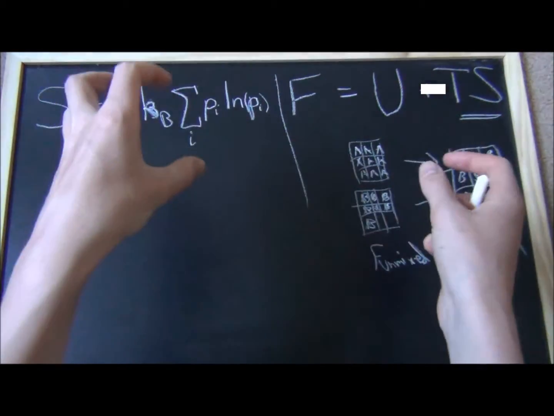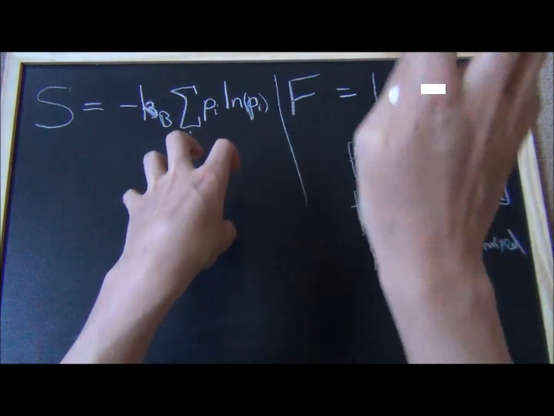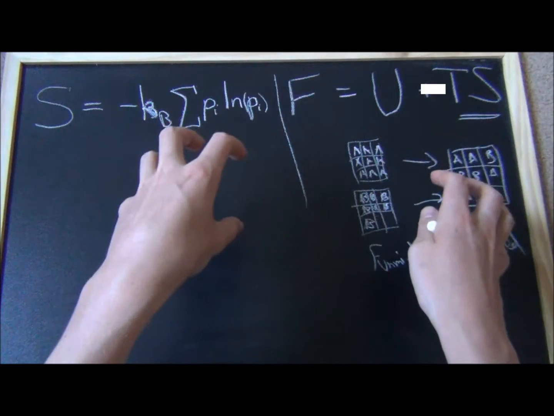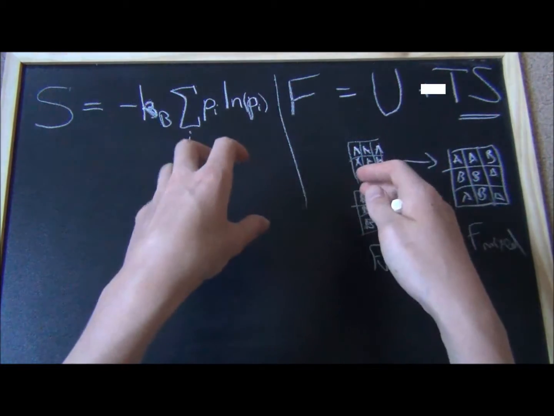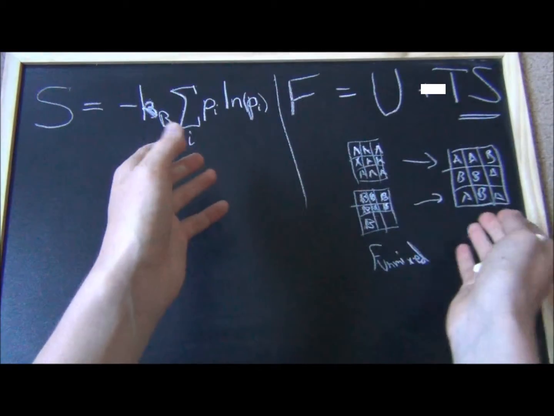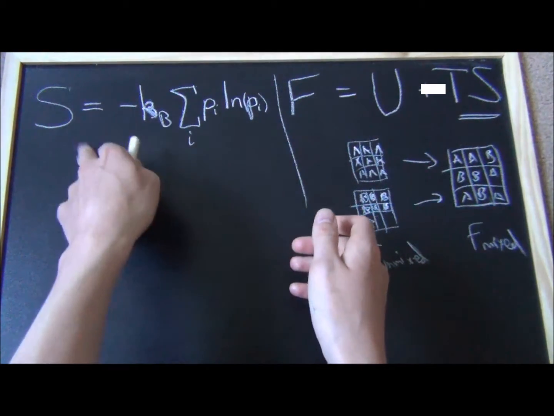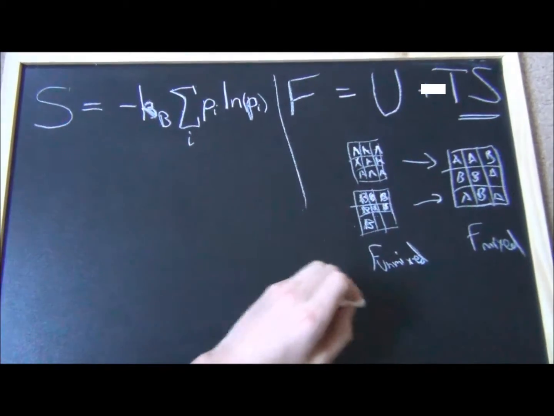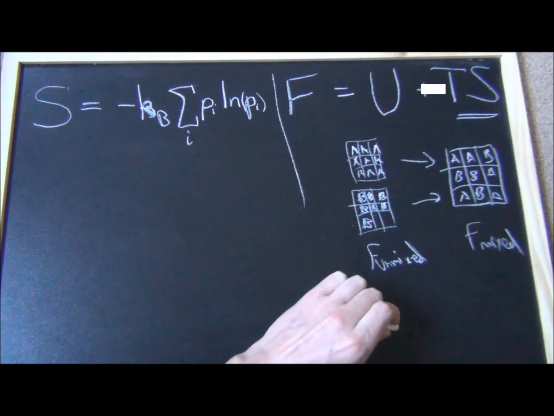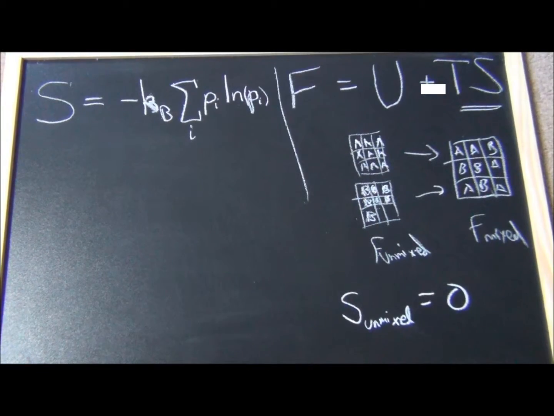So when they're separate, when we've got blues here and reds here, and we know that's the case, they're not mixed in any way, then that's only one possible microstate. We actually have no missing information. We know everything there is to know about the system. So our entropy for the unmixed case is 0. So the unmixed case is really easy.